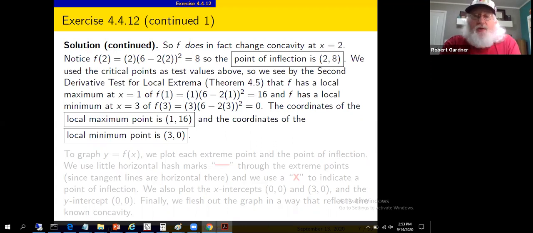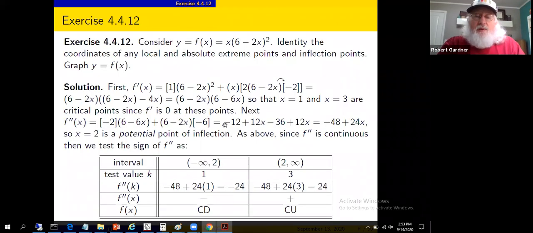Now, what about extrema? Well, we saw 1 and 3 were critical points. We also saw that at 1 and at 3, we had certain concavities. At 1, we had concave down.